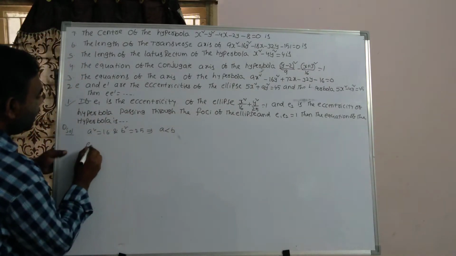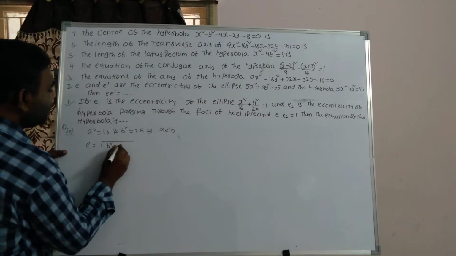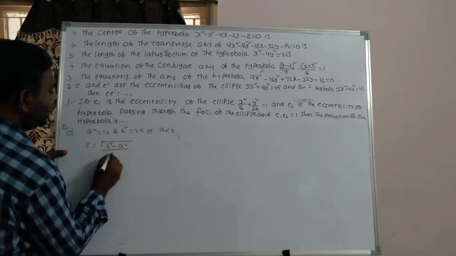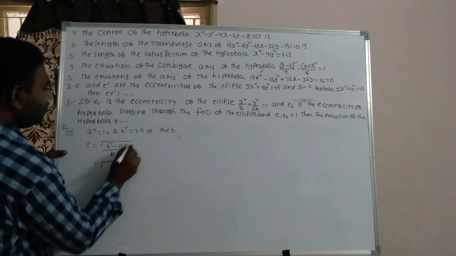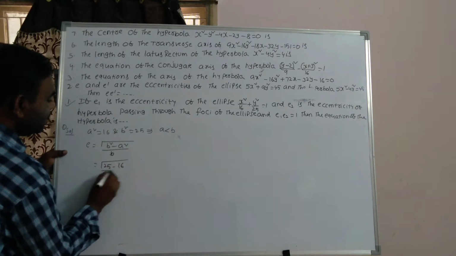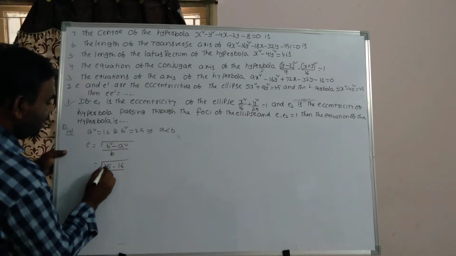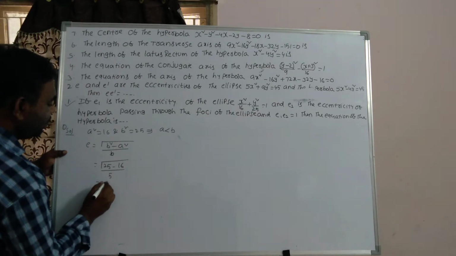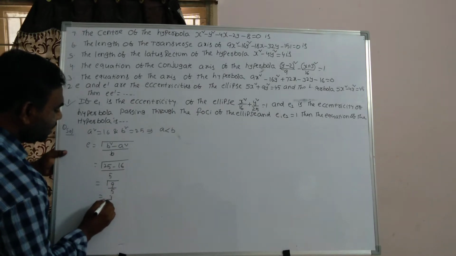So here e equal to square root of (b square minus a square) by b. So here b square means 25, 25 minus 16, by b value 5. So here square root of 9 by 5. Square root of 9 means 3 by 5.